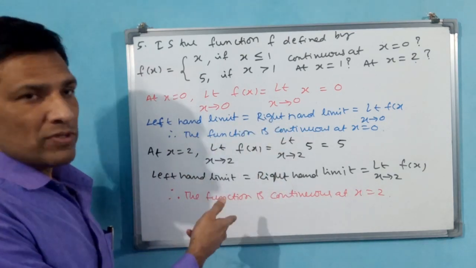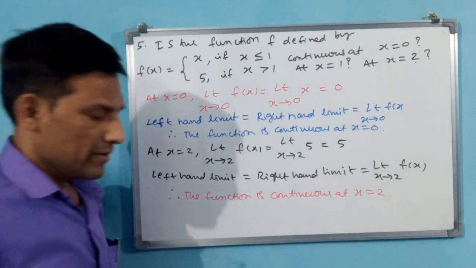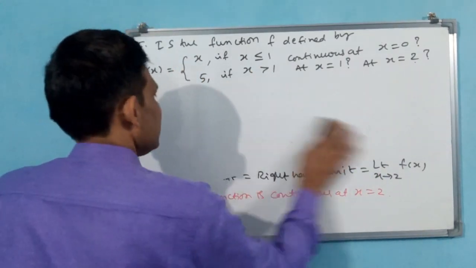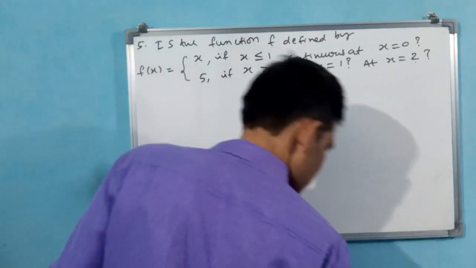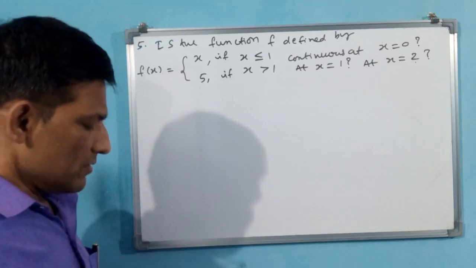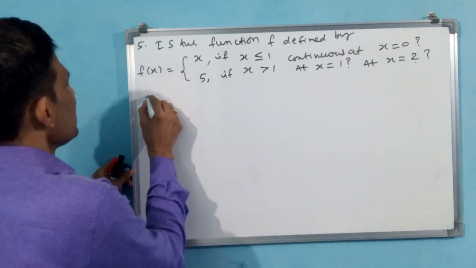First note down this. We will go for x is equal to 1. Continuity at x is equal to 1. Now write down continuity at x is equal to 1. We are checking continuity.